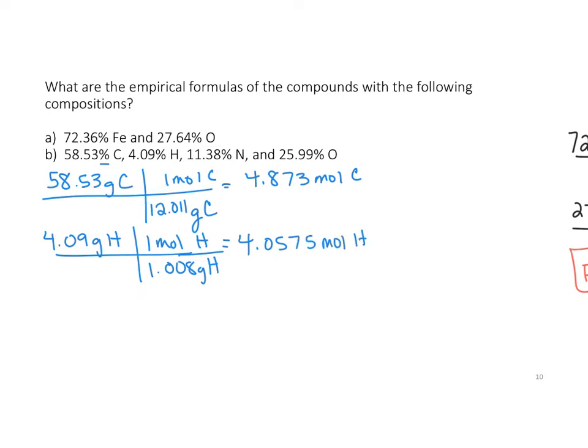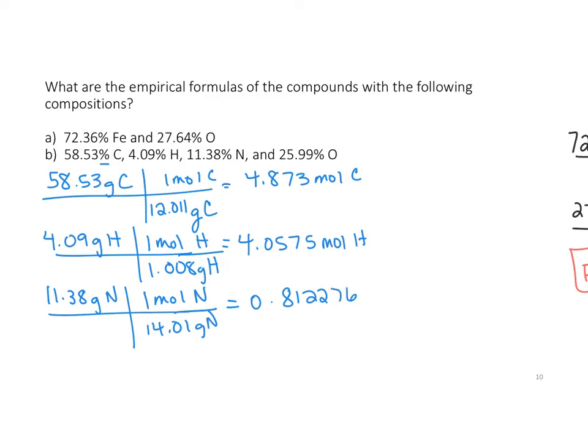And then we're going to do that with nitrogen. 11.38 gram of nitrogen. And nitrogen is 14.01 gram of nitrogen for 1 mole of nitrogen. So we take 11.38 divided by 14.01, 0.8122769 mole of nitrogen.